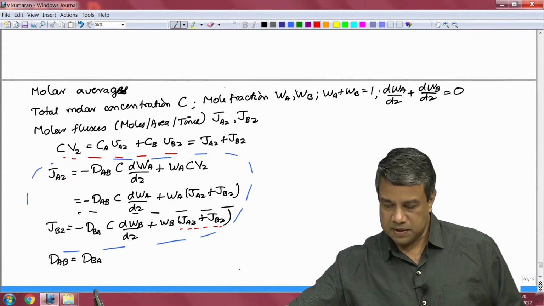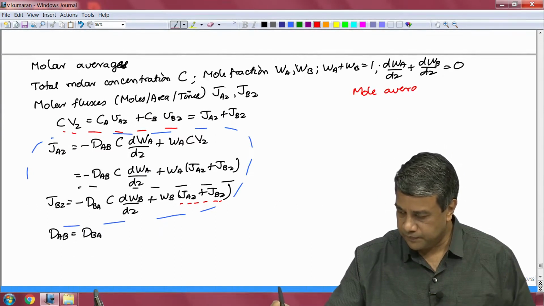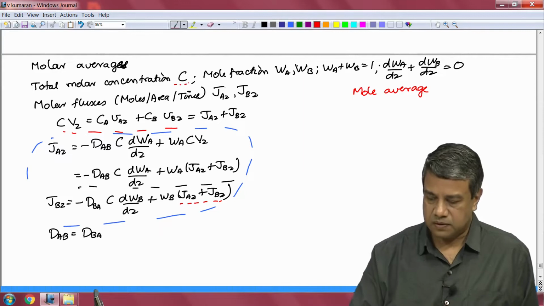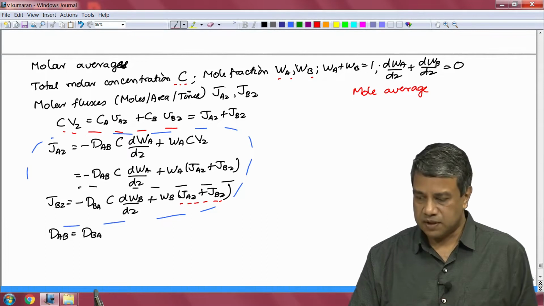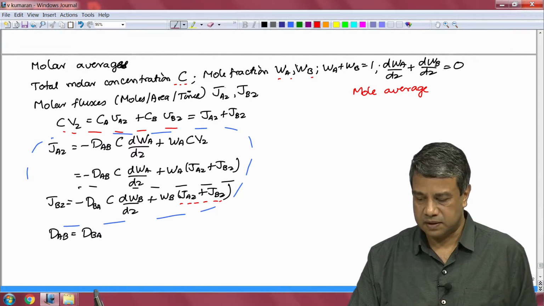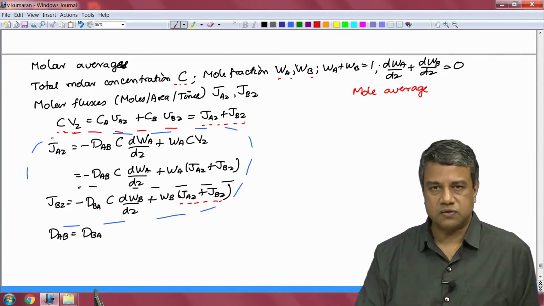The other possible description is what is called a mole average description. You define a molar concentration, number of moles per unit volume, as C, the mole fractions as Wa and Wb, and the molar fluxes as Jaz and Jbz. I have used capital letters here for the molar quantities, and Ca and Cb are the molar densities of species A and B, and the total molar flow rate is the sum of the molar flow rates of the two species.